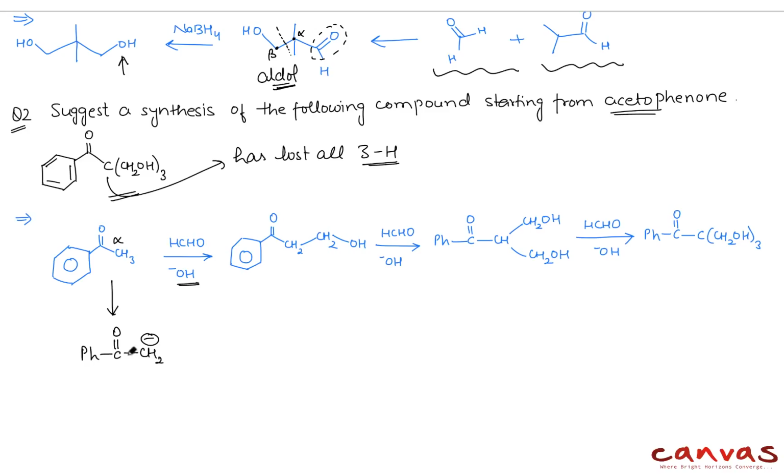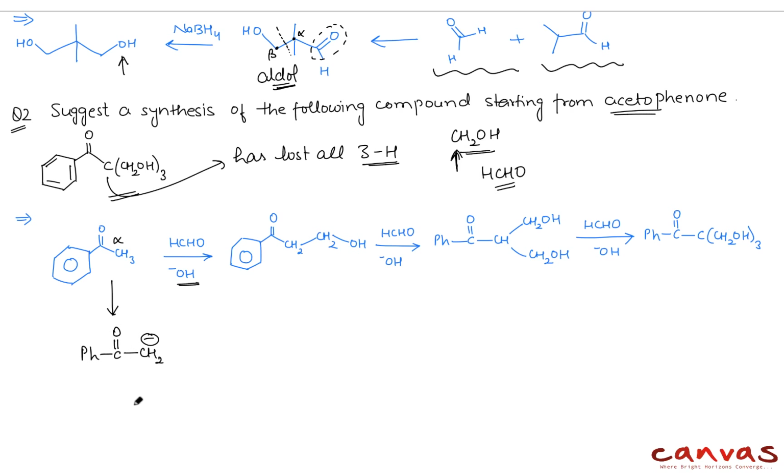meaning all these three hydrogens have been lost one by one. So let us start with one. Now this CH2 negative is going to attack some compound which will form CH2OH. Now this CH2OH is coming from another carbonyl. So here, since we have only one carbon, the carbonyl must also contain only one carbon. It means it must be HCHO.